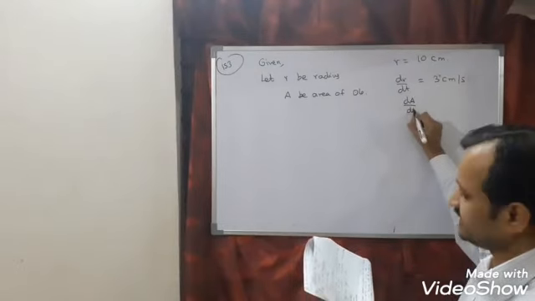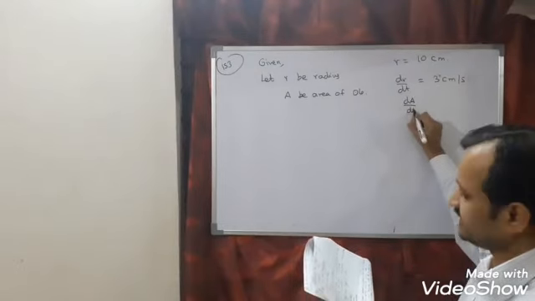Now look here. A is there, R is there. So we know the area of a circle: A is equal to pi r square. Now differentiate with respect to t, because dt is here.